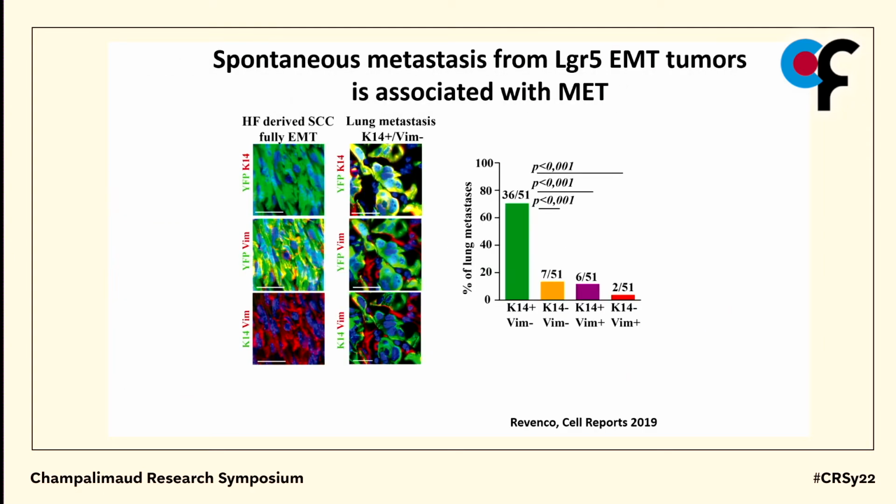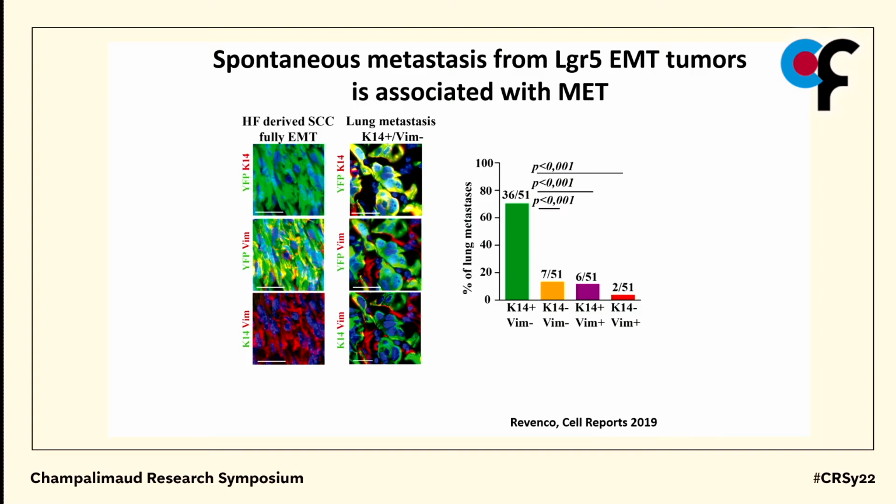The reason why people, and pathologists in particular, were skeptical about EMT was that when you look at the metastatic cells in the distant organ, there was very little sign of EMT. But in this model, this is exactly what we found as well.